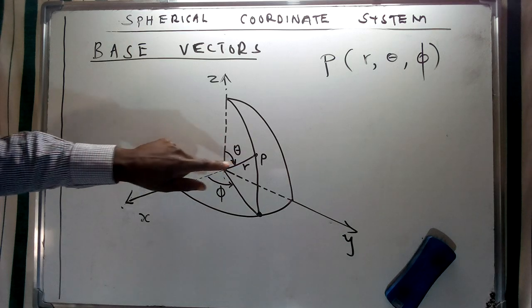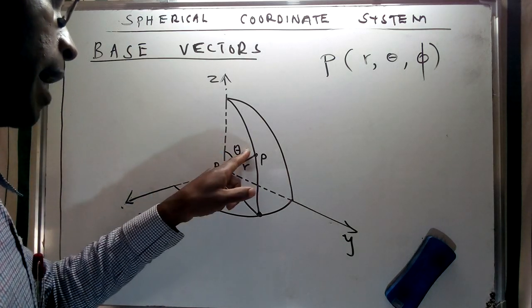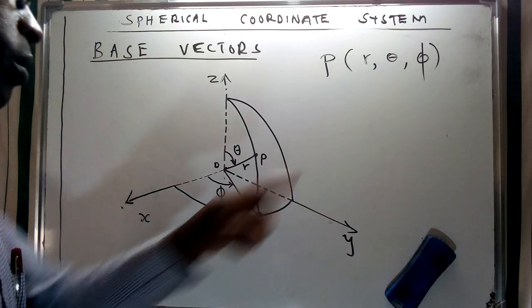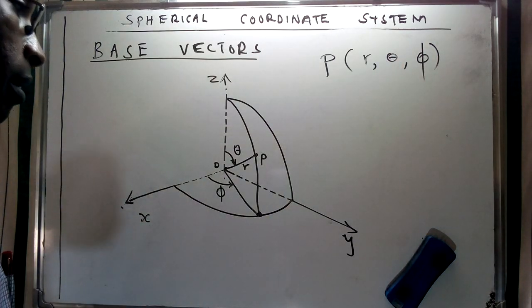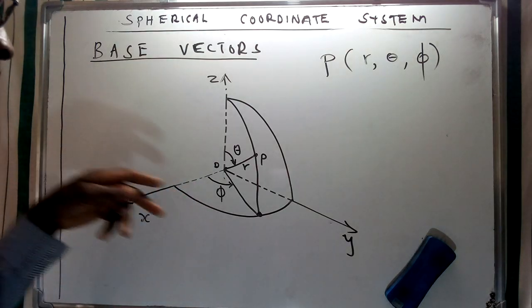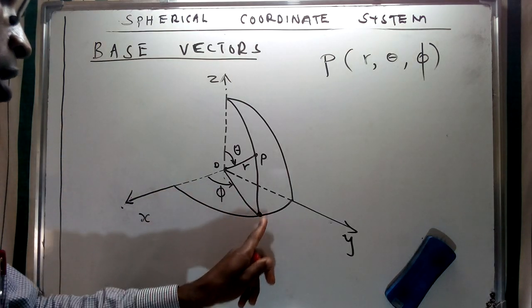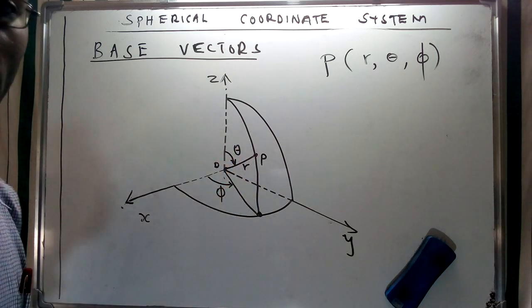This forms a half angle with a range between 0 and pi, which is 180 degrees. Phi is the angle extending from the z-x plane to this particular point, at constant phi, constant r, and constant theta, as we have said.